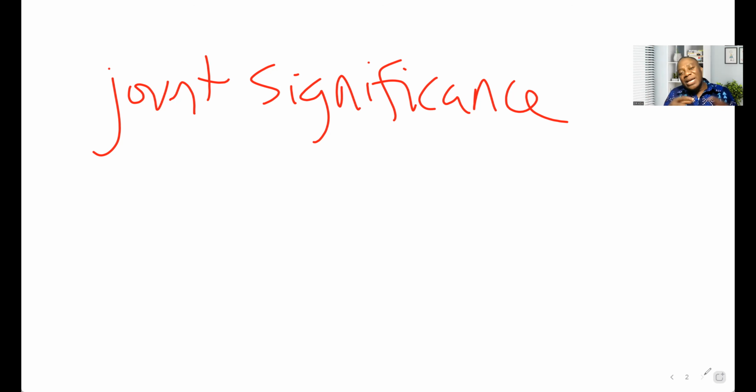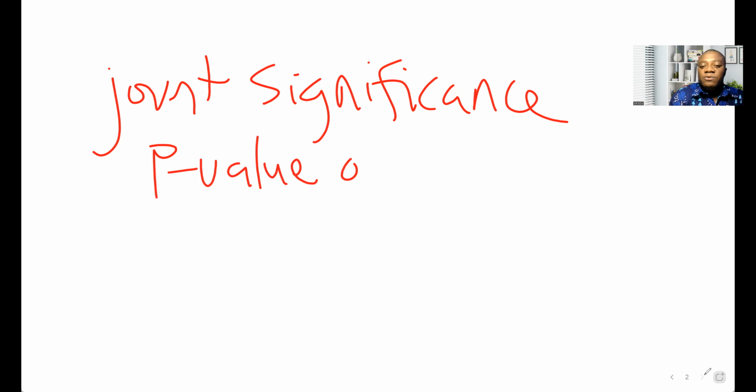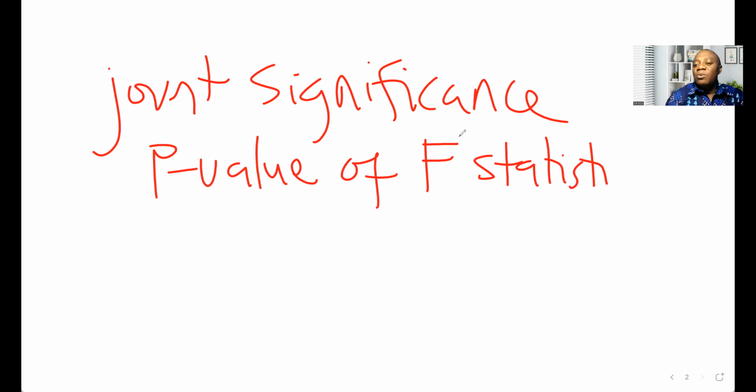But it doesn't tell us whether that is significant or insignificant. The F-test, sometimes I call it the p-value of the F-test, the p-value of the F statistic, that will tell you whether the coefficients are jointly statistically significant.